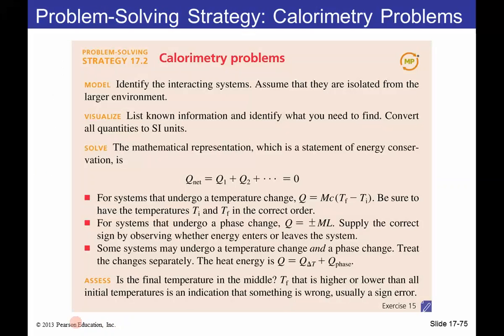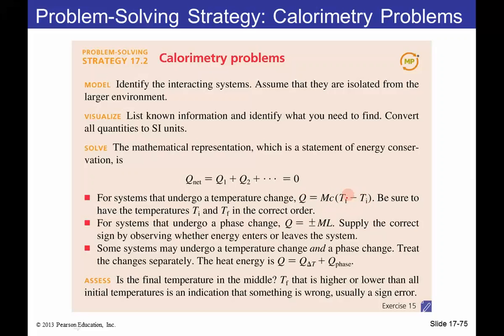So we're going to be solving calorimetry problems, and these problems are fairly simple. You need to identify your systems. That's one thing that you need to do. And then you need to list the information that you know about your system. So this is the main equation that we're going to be using. And then for systems that undergo a temperature change, Q is equal to the mass times the specific heat times the temperature difference.